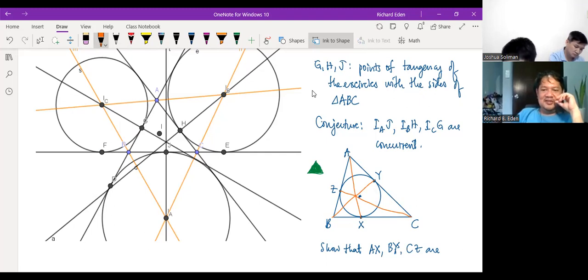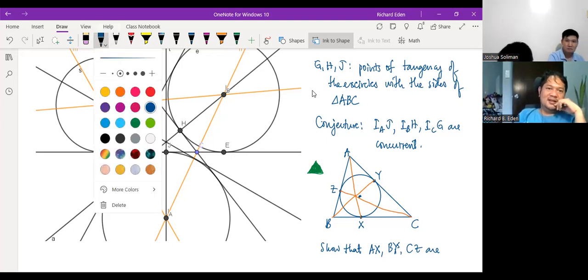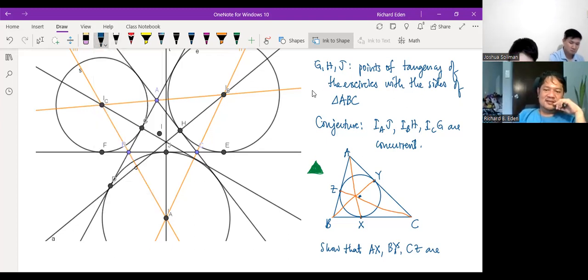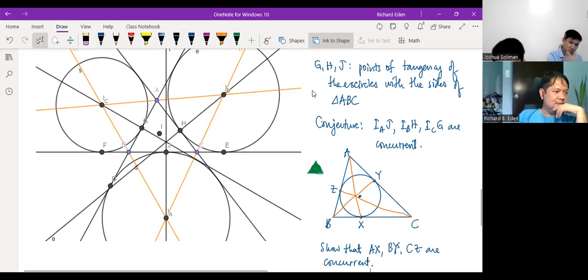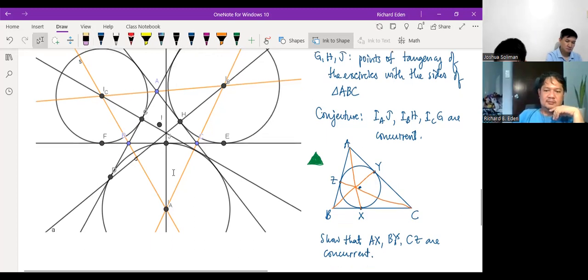Kasi diba, if X, Y, and Z are the points of tangency, then there's something we can say about the lengths of BX and BZ, diba? So they're equal. All of them are equal. Ceva's theorem. In fact, this particular point of concurrency has a special name. Okay.